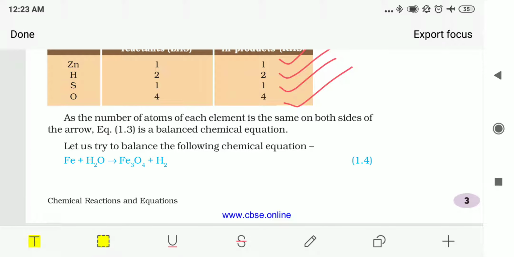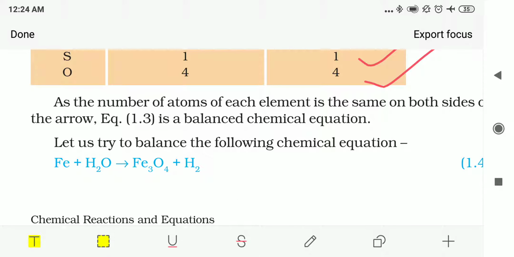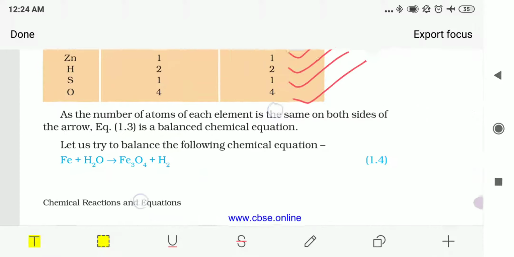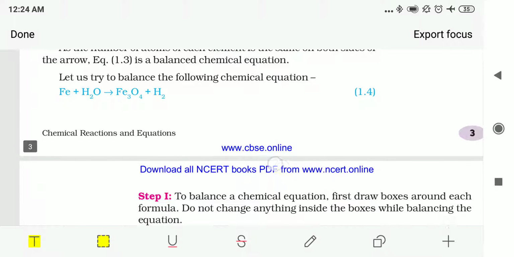We will take one more example. Let us try to balance the following chemical equation. The chemical equation given to us is Fe, the symbol for iron, plus H2O gives Fe3O4 plus H2. So we will try to balance this equation.